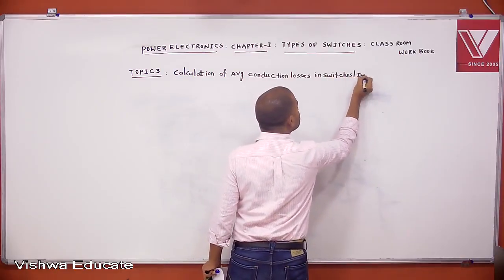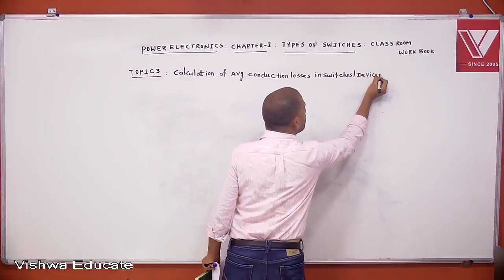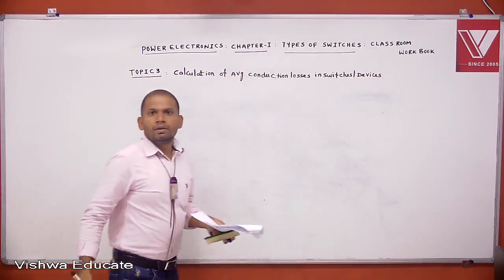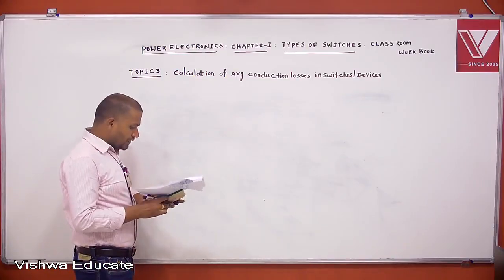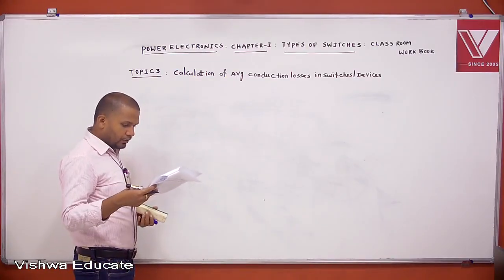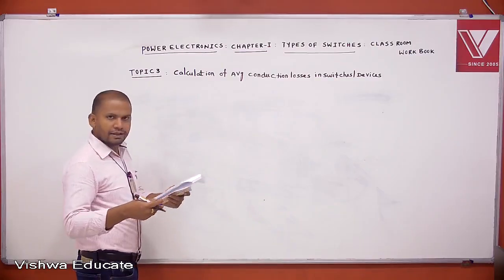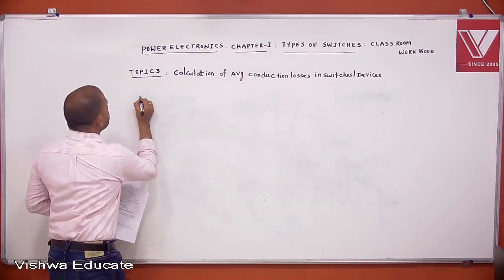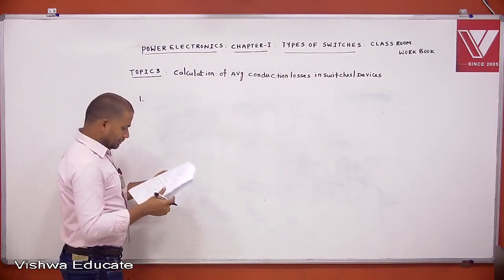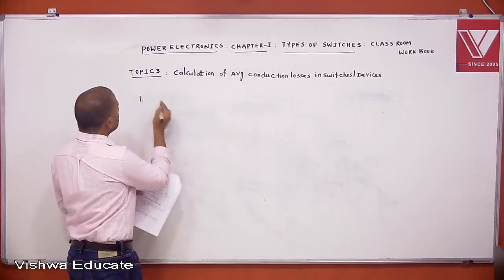Devices are used as switches. Okay. This is topic 3 in chapter 1. Okay. Go through the first question in topic 3, that is in the classroom workbook. First question. Then what is the solution for this problem?